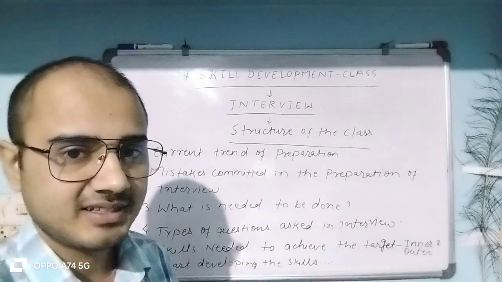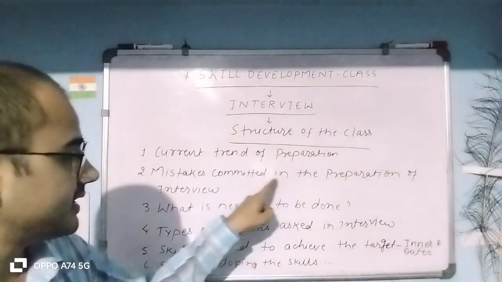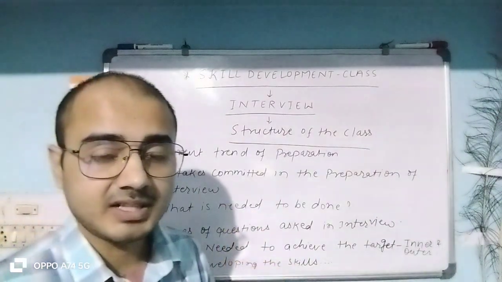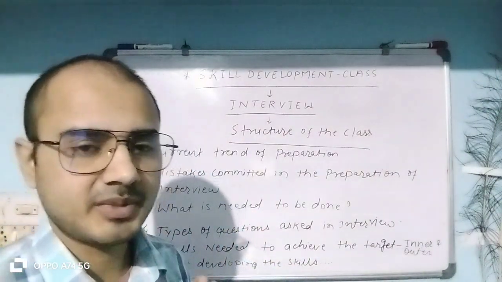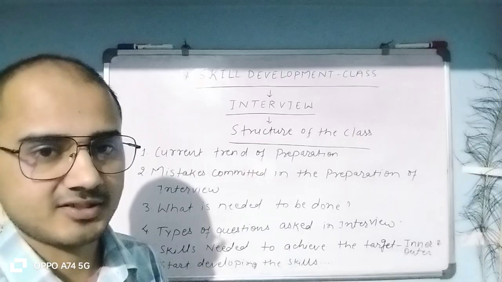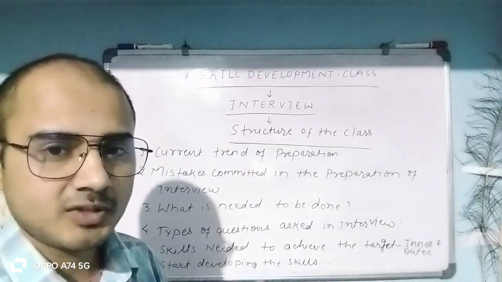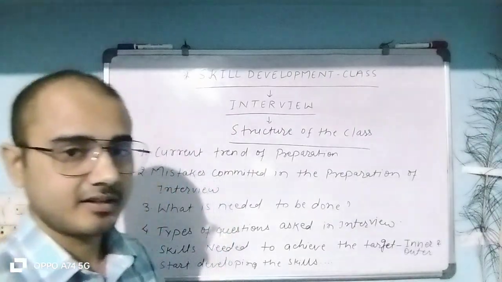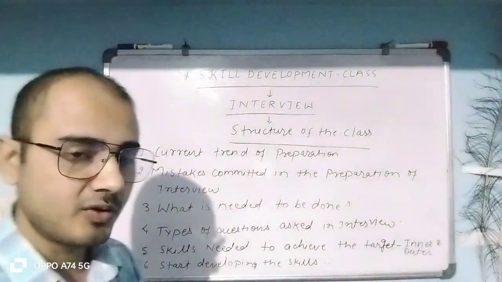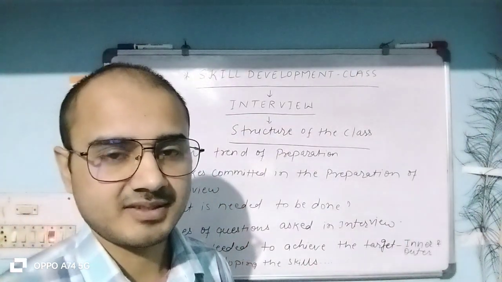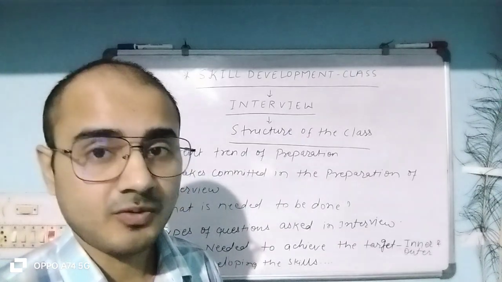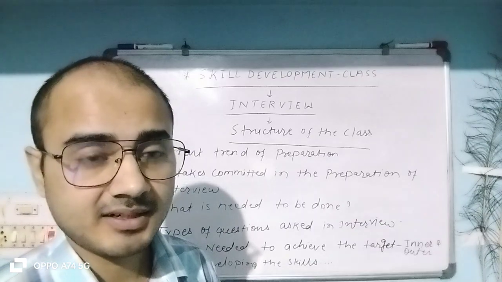Then we will see the mistakes committed by students with respect to the current trend of preparation. If I know these are the mistakes, I also need to know how those mistakes can be corrected.